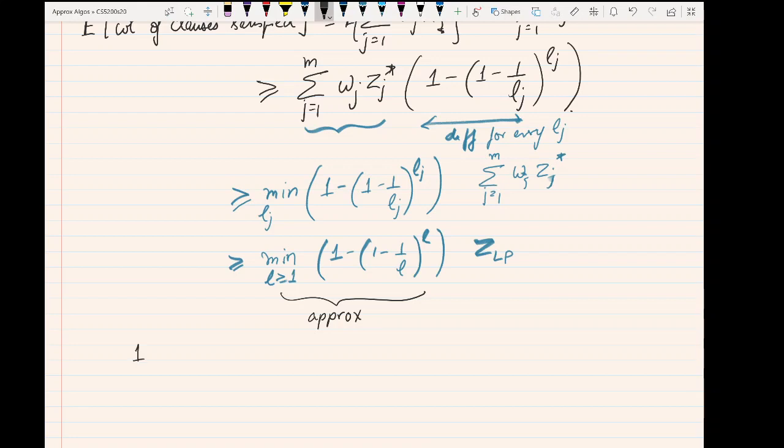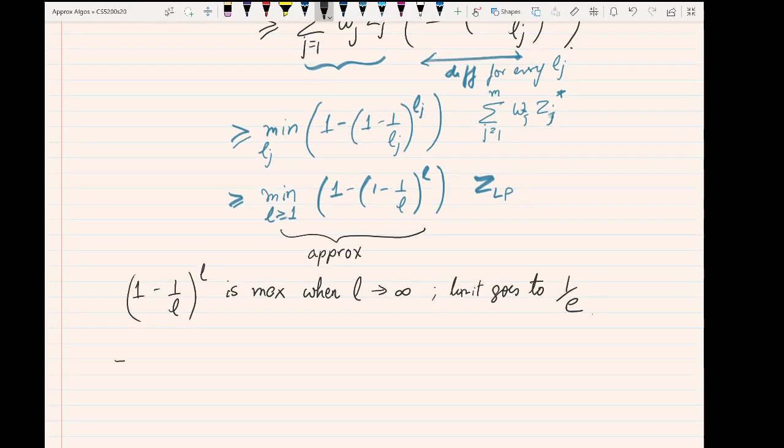We notice that (1 minus 1 over L) raised to L is maximum when L tends to infinity. And this limit goes to 1 over E.